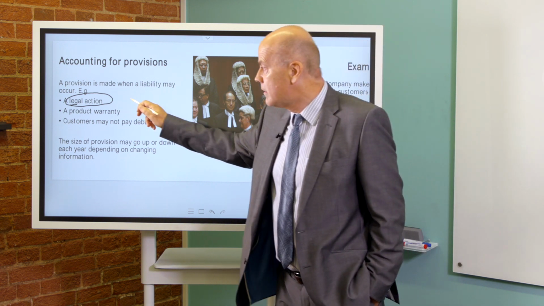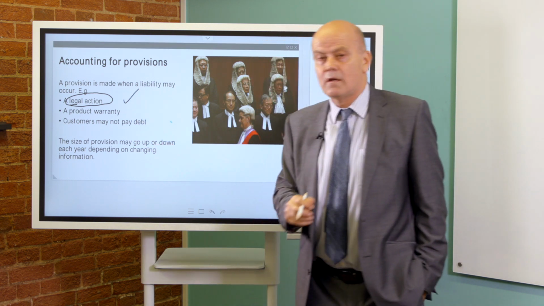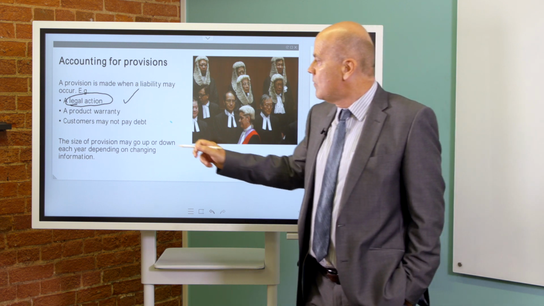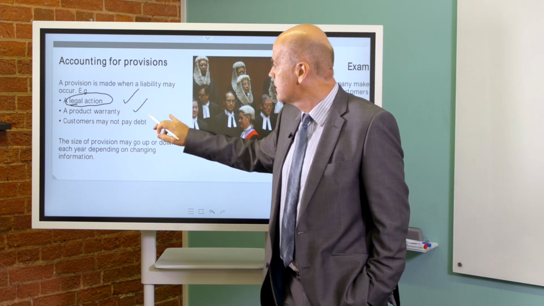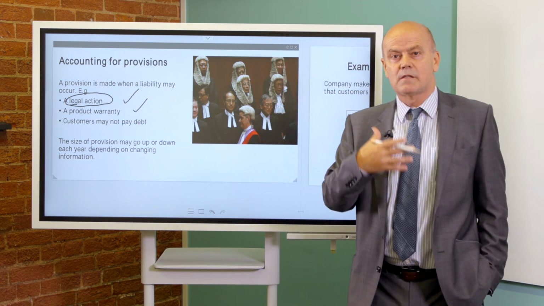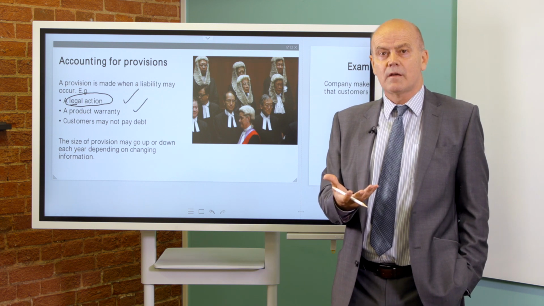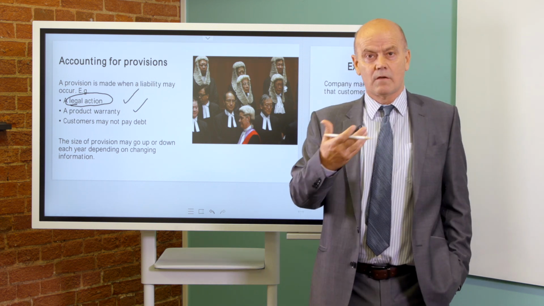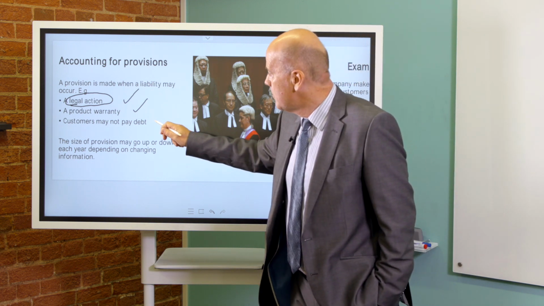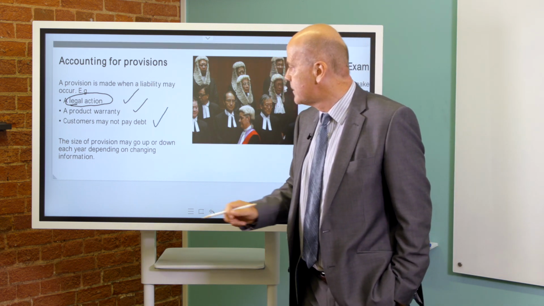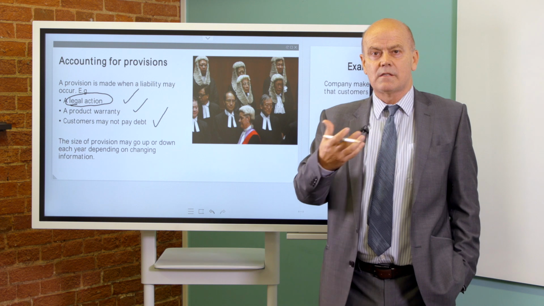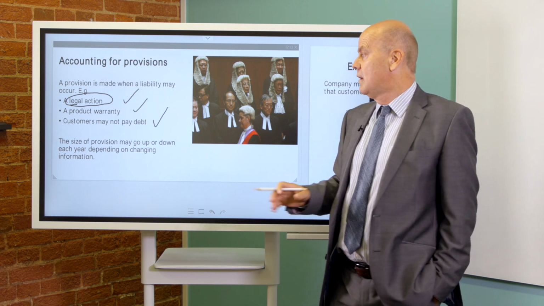So we may have a legal case that obviously could be costly. We may have a warranty for a product and we may find the customers would like to send the product back and therefore we have a cost. We may have bad debts. Now what happens here is customers decide not to pay you.